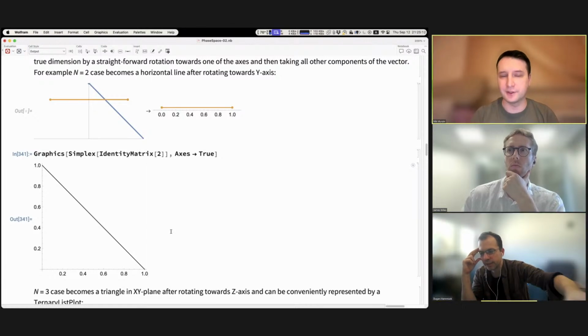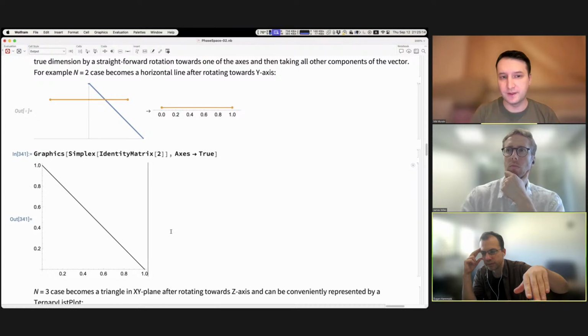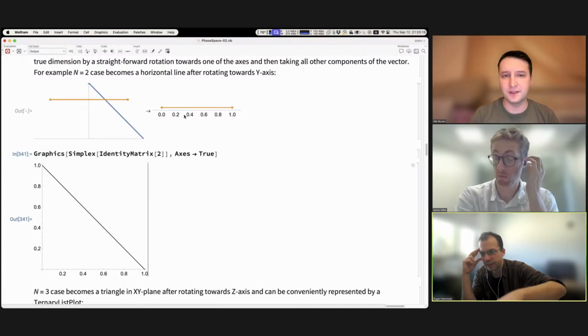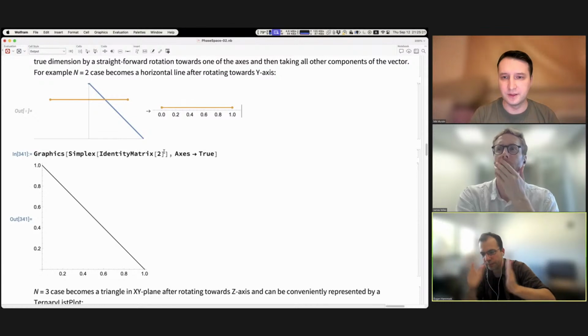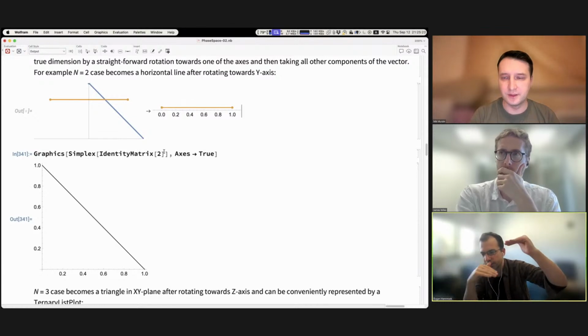If you plot the line y equals 1 minus x, you get this. And if you confine it to probabilities between 0 and 1, you're looking at this line segment of possible biases for a coin.